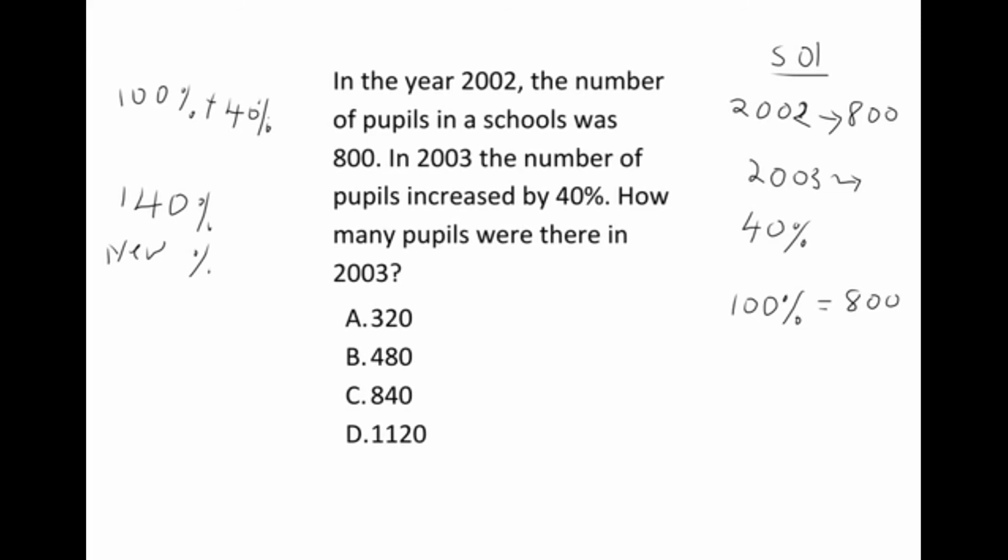Therefore, what about 140%? It will be equivalent to how many pupils? From there, we cross multiply. We shall have 140 times 800 over 100.